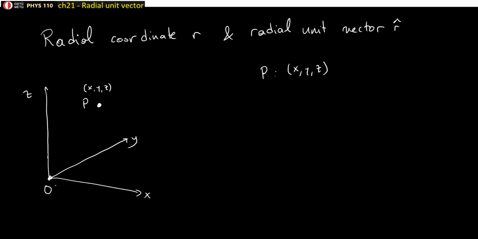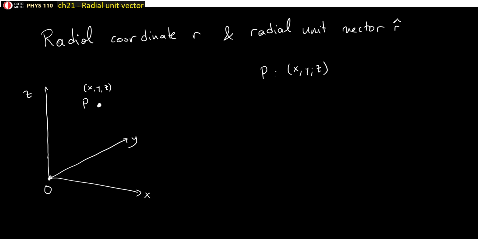So we have a reference frame, which means that I have an origin in here, and the XYZ axes, and I consider another point in that space. We usually express the points by its Cartesian coordinates.